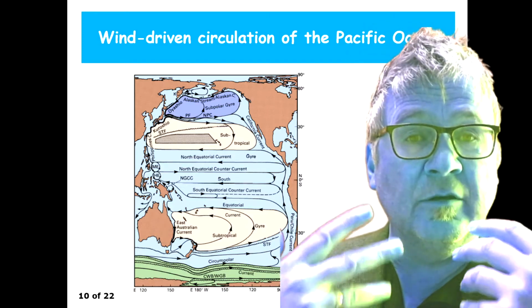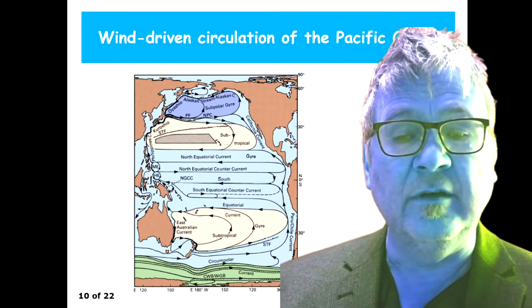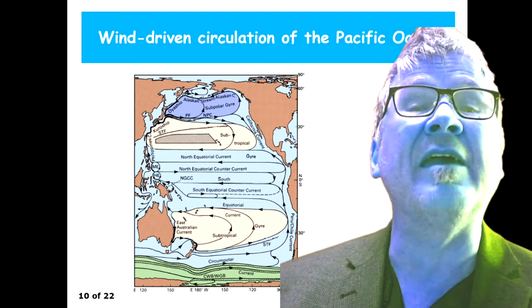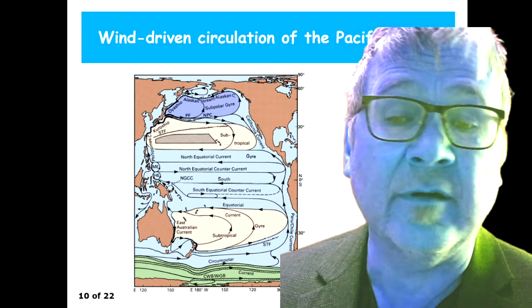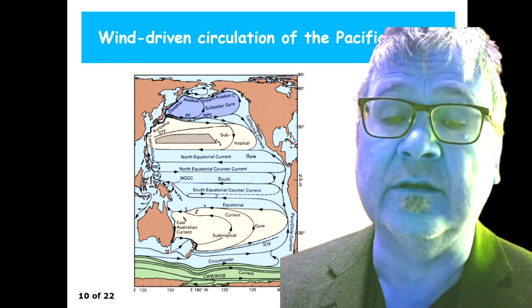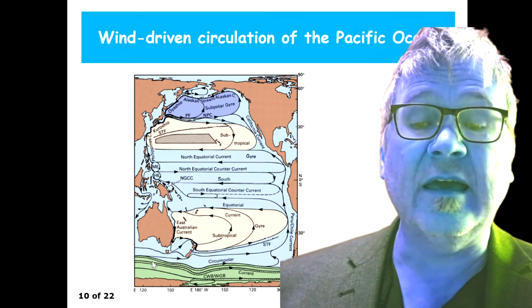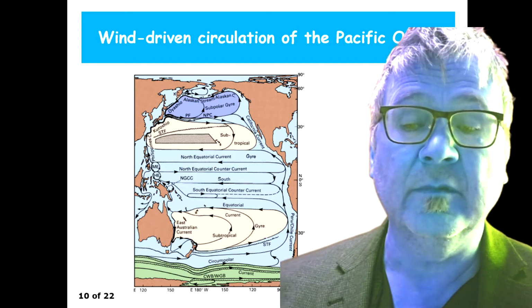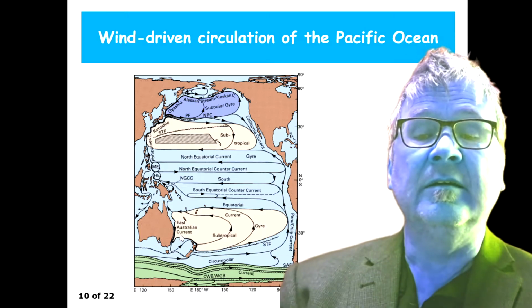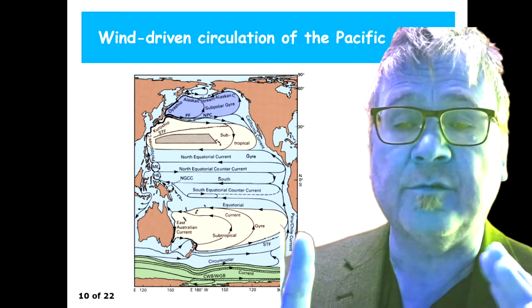We have the currents which are linked to the gyres, like the North Equatorial Current and the South Equatorial Current, but we also have countercurrents and undercurrents, and I'll show you the structure in a few minutes. And then in the Southern Ocean, we have the circumpolar current. These are the key features of the wind-driven circulation.